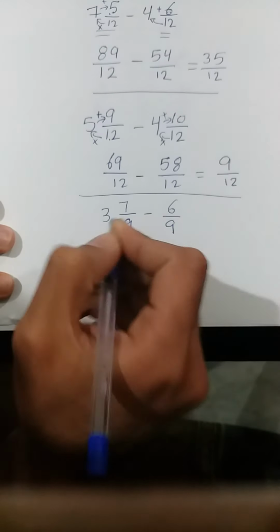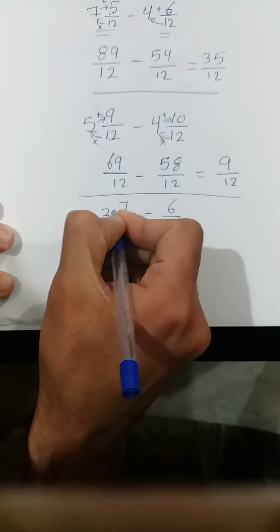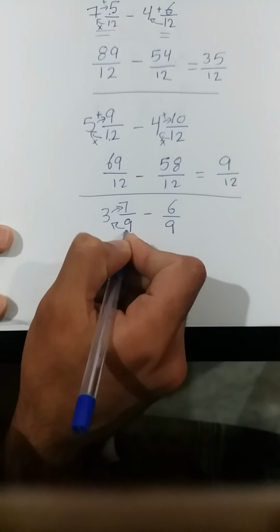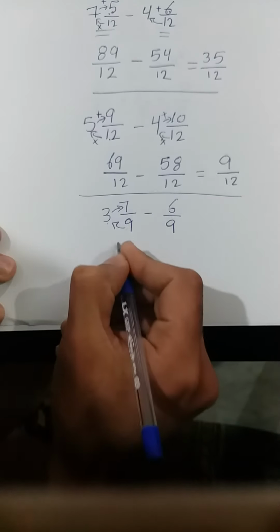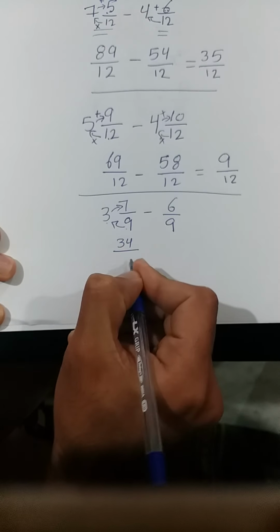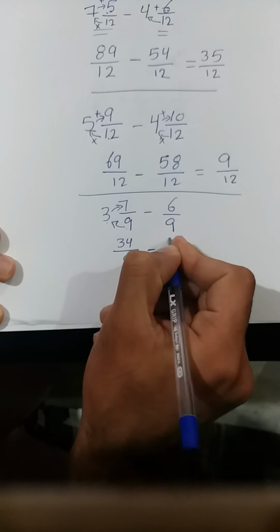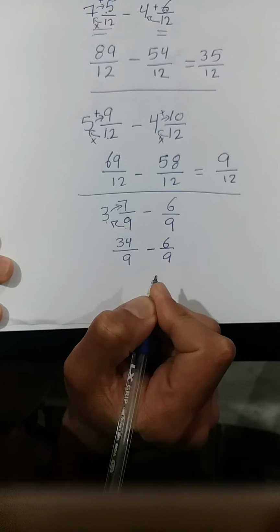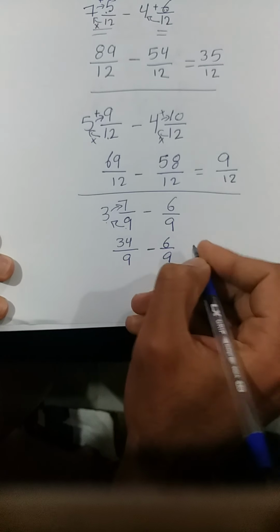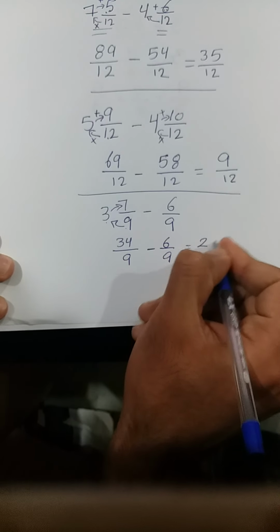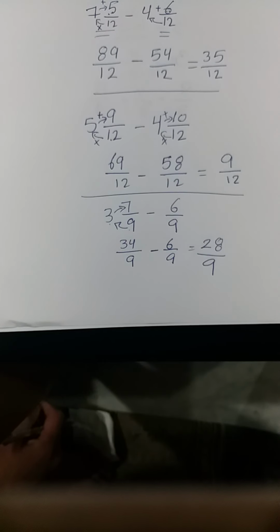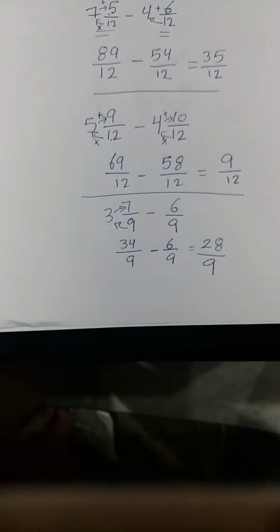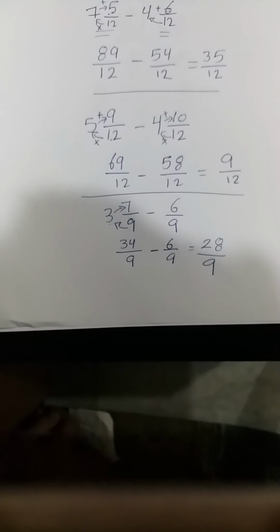What I'm going to do, make this a fraction. Times this: 9 times 3, 27, plus 7 is 34 over 9 minus 6 over 9. 34 minus 6 will give me 28 over 9. And this is going to be my answer for the first question.